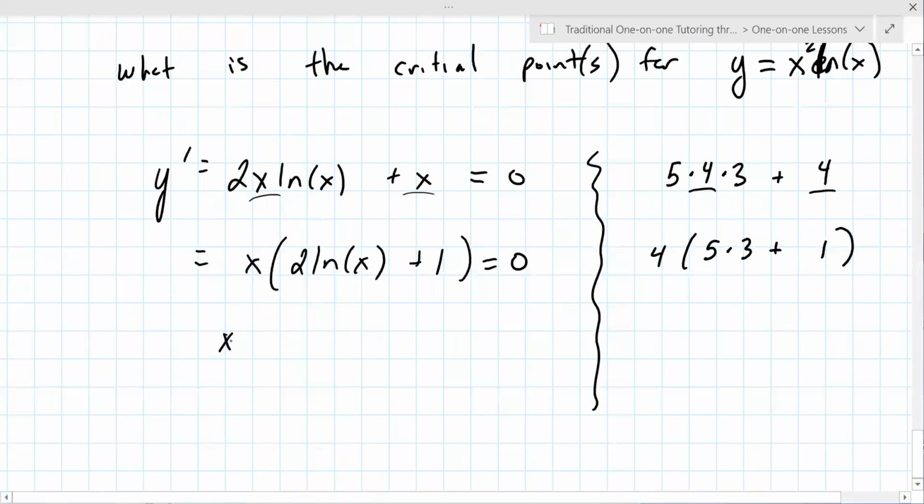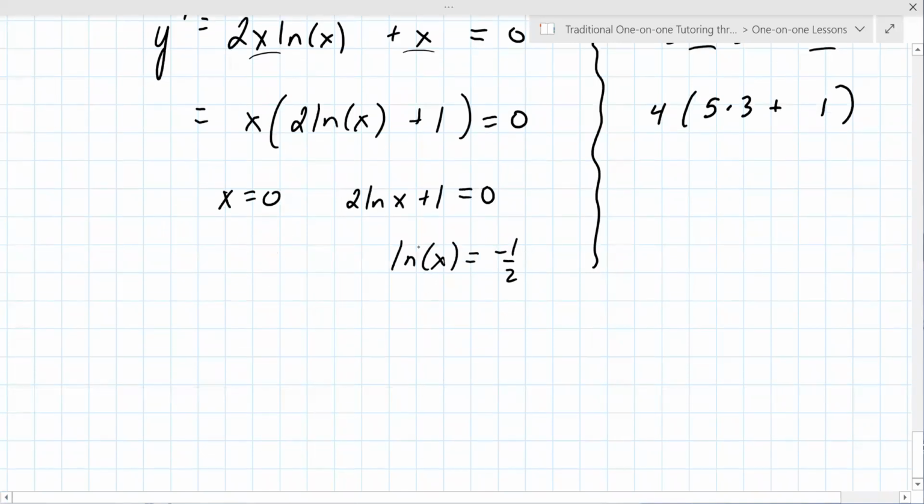So you said x equal to 0, and then you said 2 natural log of x plus 1 equal to 0. Yeah, so then I set the 2 ln x plus 1 equals 0. This is where you've got to remember how to undo ln. Right, which is with e. Oh yeah, okay, so e to ln.